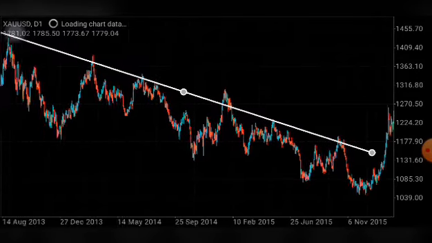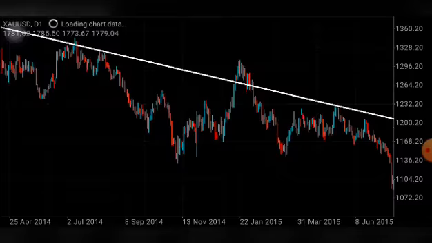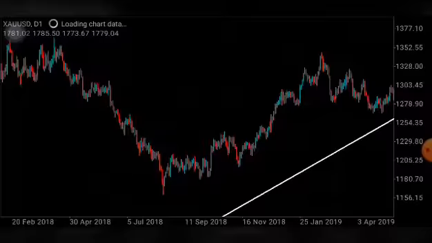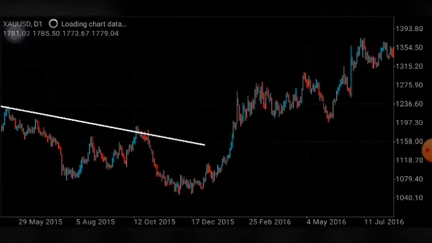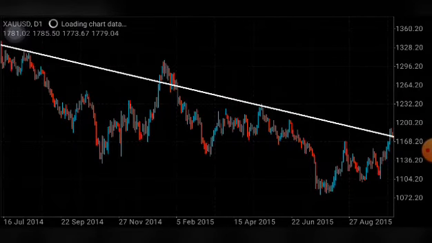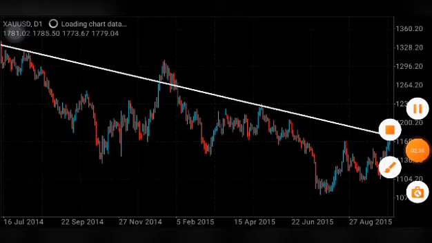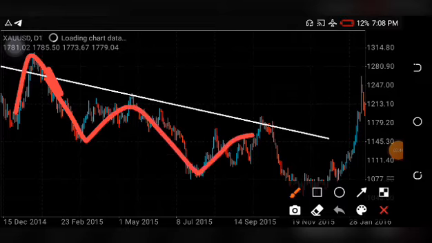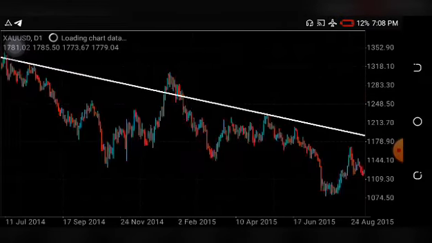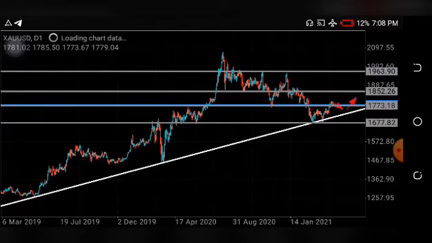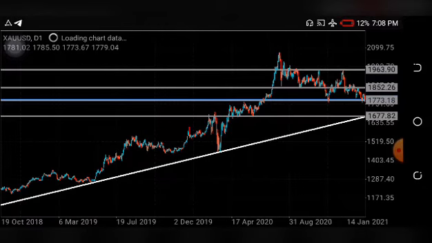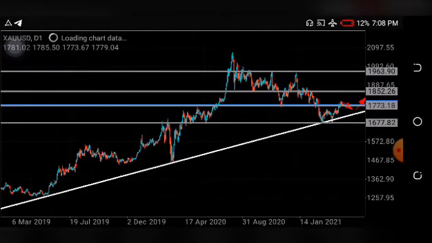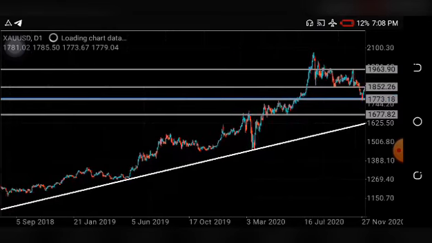So this peak here that broke out, this is a false breakout. So you see, this is how the trend line is. So whenever drawing a trend line, you need a minimum of 2 touches, and to draw a trend line you need a trend.